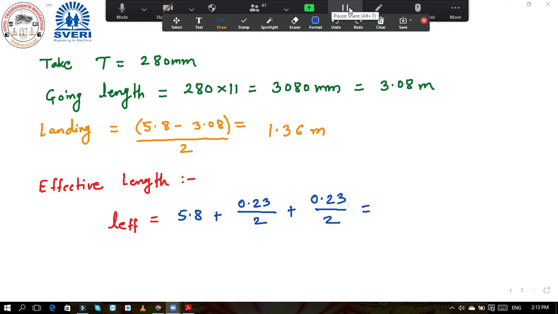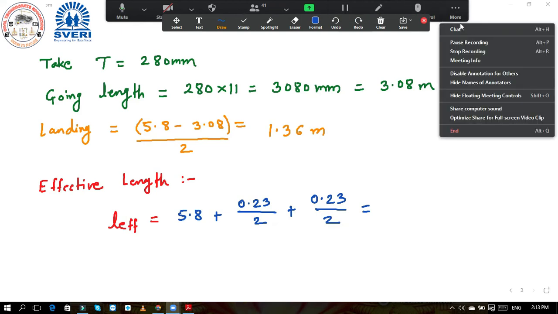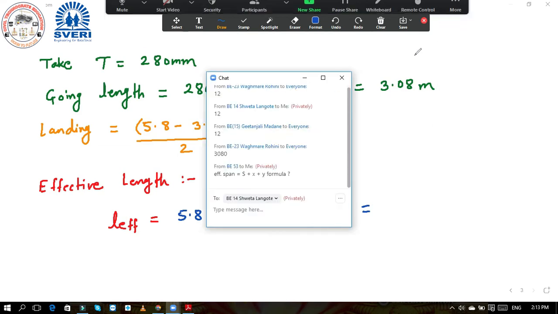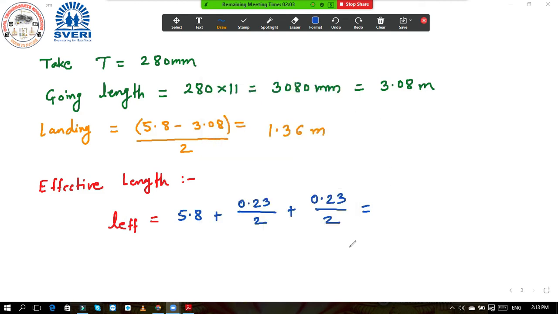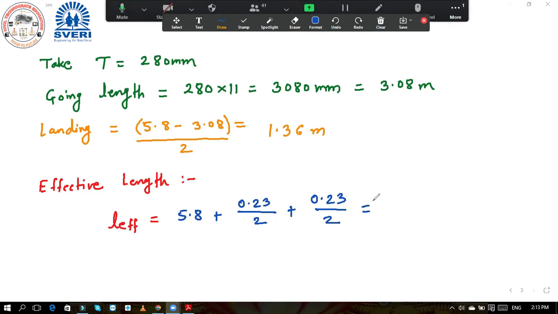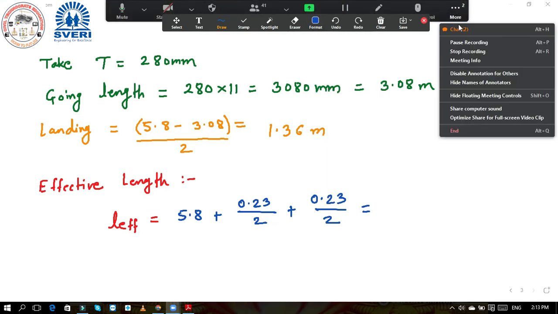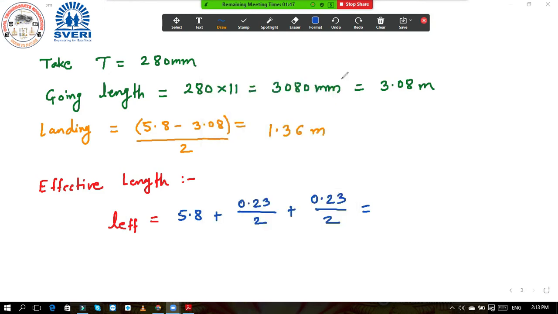Let me know the answer. 0.23 by 2 means 0.115 something. How much? 6.03. Okay, so it is 6.03 meter. So this is your L effective.